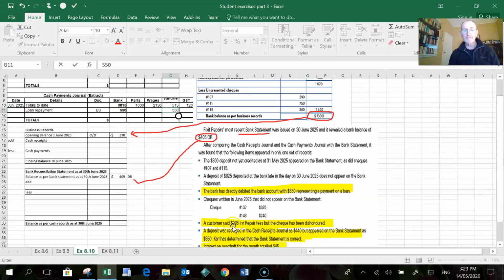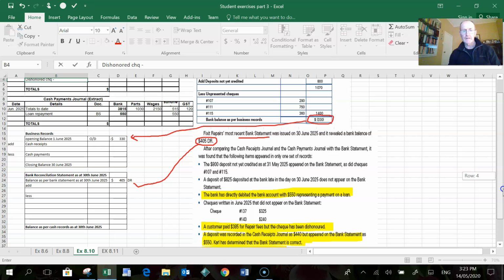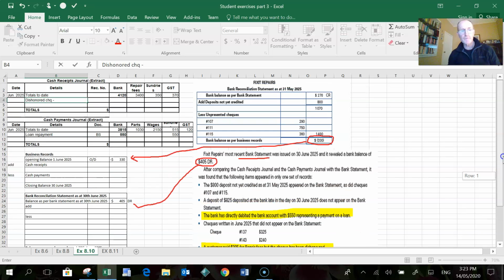A customer paid $385, but the cheque has been dishonoured. So remember, with dishonoured cheques, it was in here, banked, so therefore we have to take it out of there. So it comes out of receipts as a negative. Don't think they give us the name of the customer. No, so $385, so we assume that's including GST.